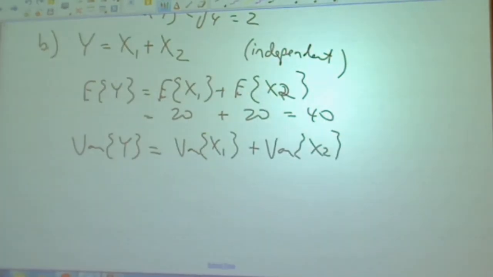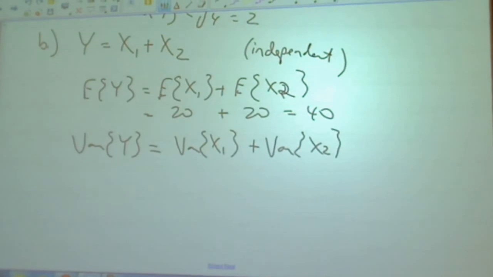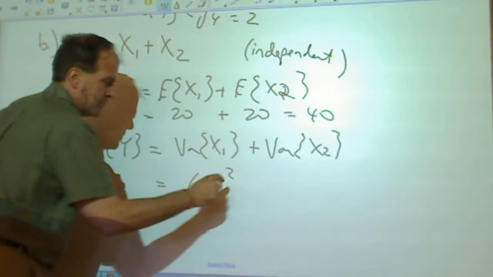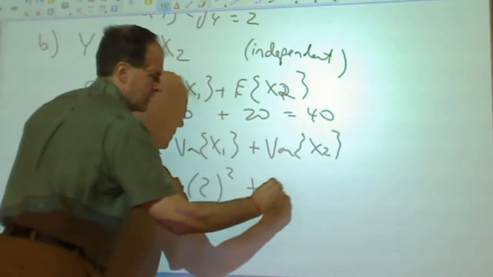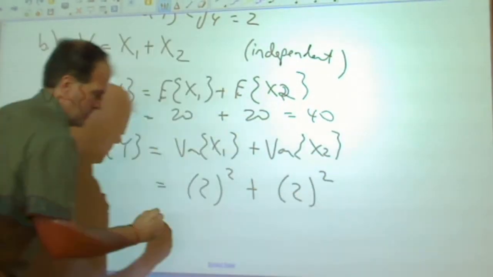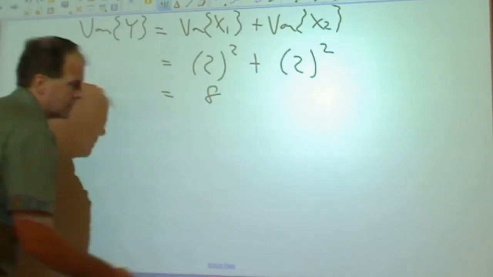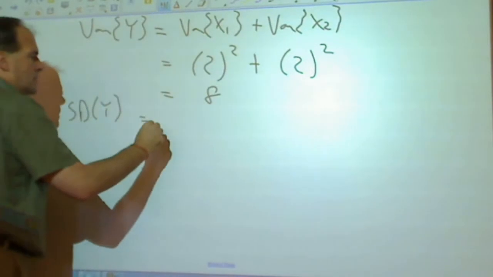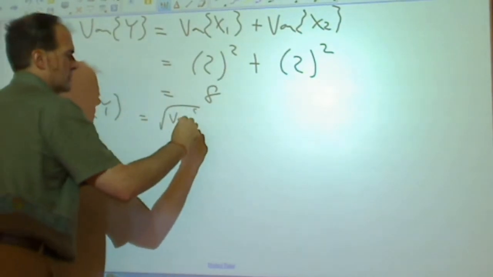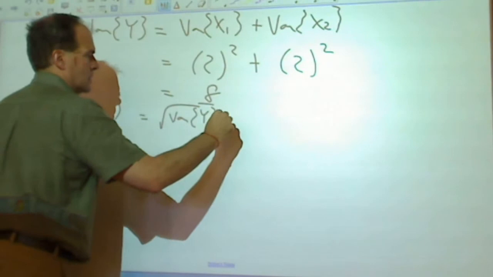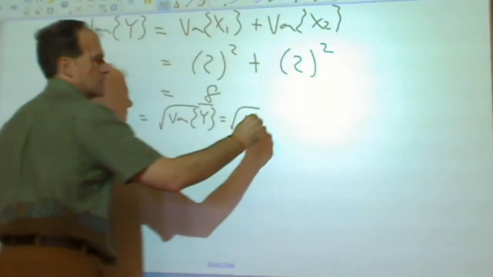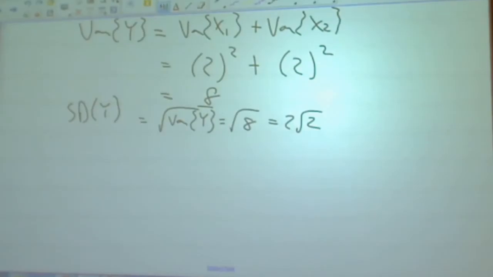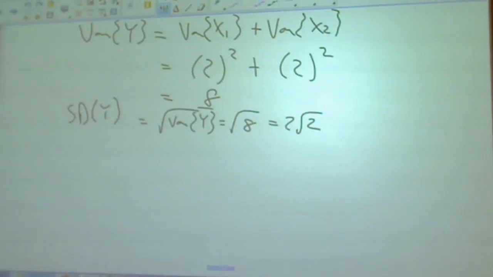Be careful, I gave you standard deviations, I didn't give you variances, so you have to square those. We said the standard deviation was 2, so I've got to square it. That's 8. And then I can get the standard deviation by taking the square root of the variance.